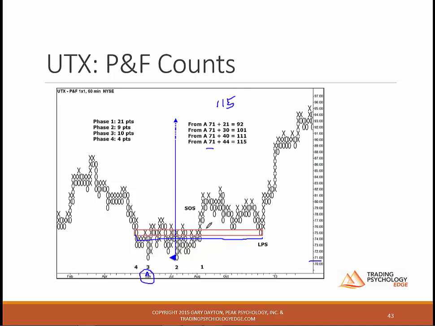We can also, if the market tells us that this is okay, add that 44 to 75. This is the 75 line, right? We added it first to 71. If the market's still pushing up, we can add it to the 75 line, and then that would give us 119.